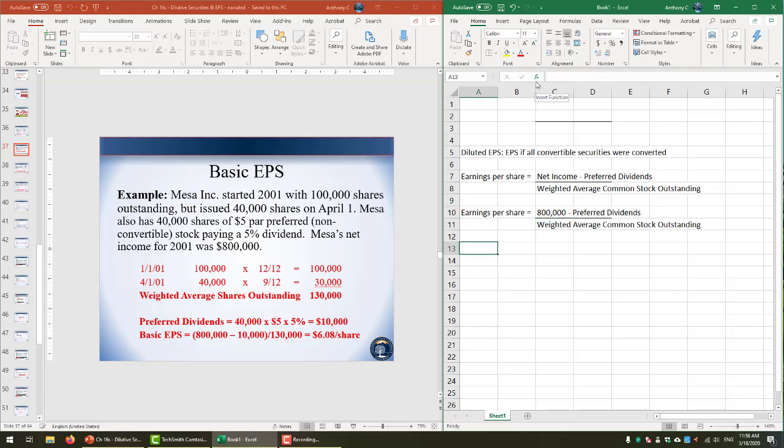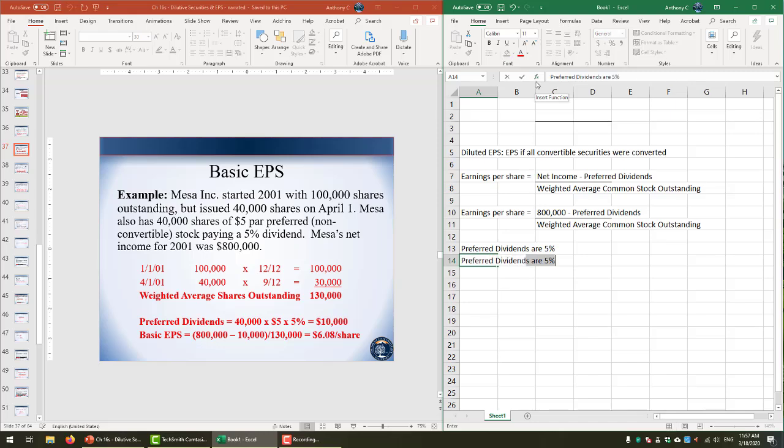Dividends are typically stated as a percentage of par or on a per share basis. So in this case, our preferred dividends are 5%. To calculate this, we'll just take 5% of the par value and multiply that by the number of preferred stock outstanding.